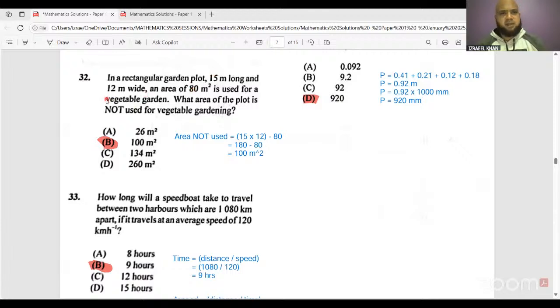It'll be 15 by 12, and you subtract the 80 from it. So 15 by 12 will give me 180. And 180 minus 80 will give me what? 100 meters squared. And that's B. B as in bat there.